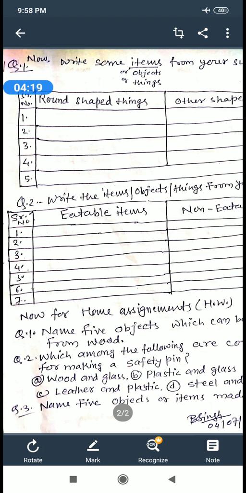So write the round shaped items or objects: 5 objects having round shape, for example orange, football, cricket ball.